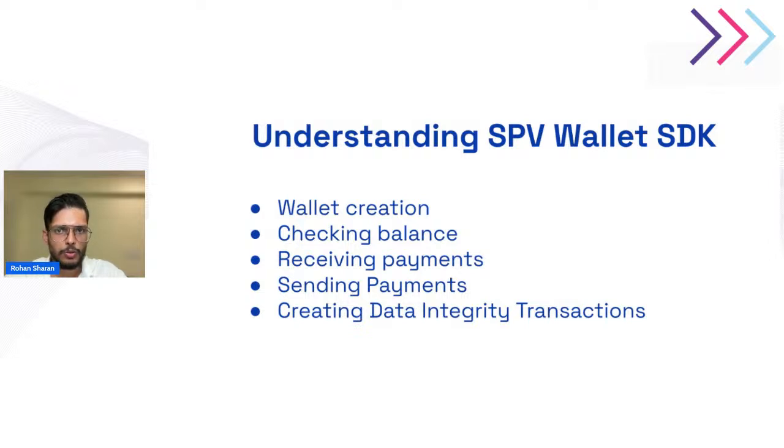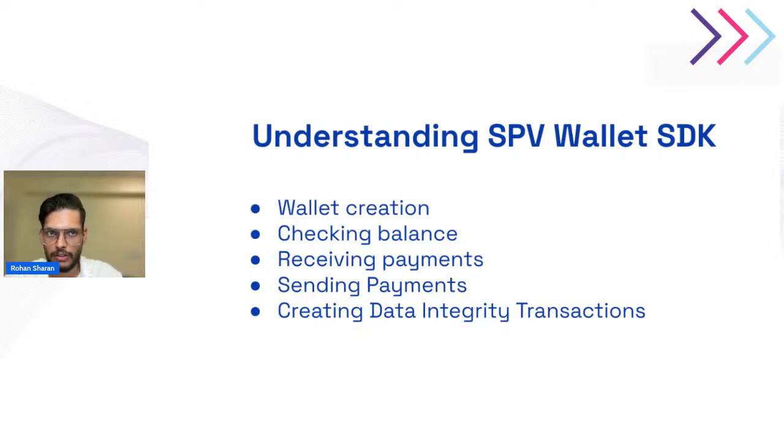Today, what we are going to do is use the SDK and the template we have with us to create wallets, check the balance. These are the steps we'll follow. Receive payments first, because you will have a brand new wallet created first. So that will have a paymail ID. I'll tell you what a paymail is.